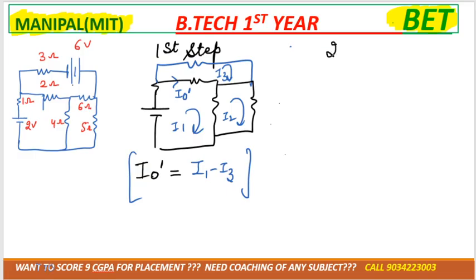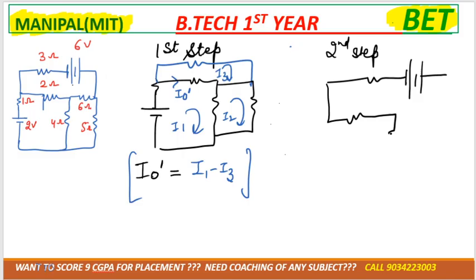Now after this we'll have the second step. In the second step we'll take the second source, that is of 6 volt. Correct? And after taking the second source, the first one would be removed. So this one is short circuited.